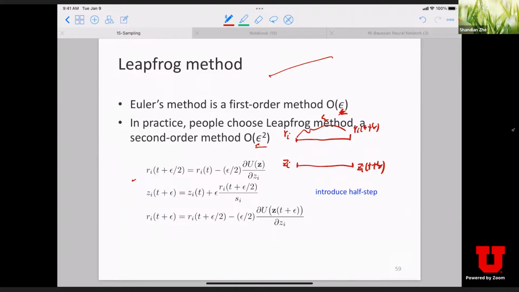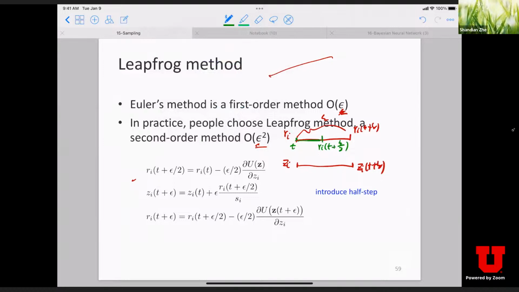Instead, I'm going to first compute the state at half of this interval, namely Ri at t plus half epsilon. And how can I get the state of Ri at t plus half epsilon? I'm still going to use the Euler method, meaning that I'm going to compute the gradient of Ri at the starting time t to approximate the gradient in the first half interval.